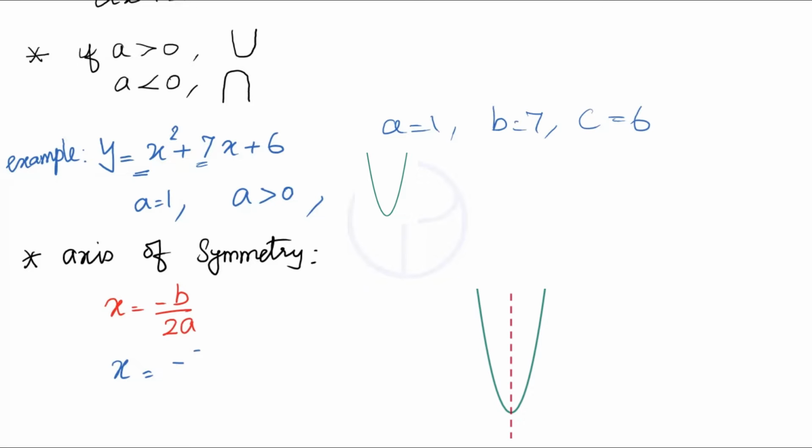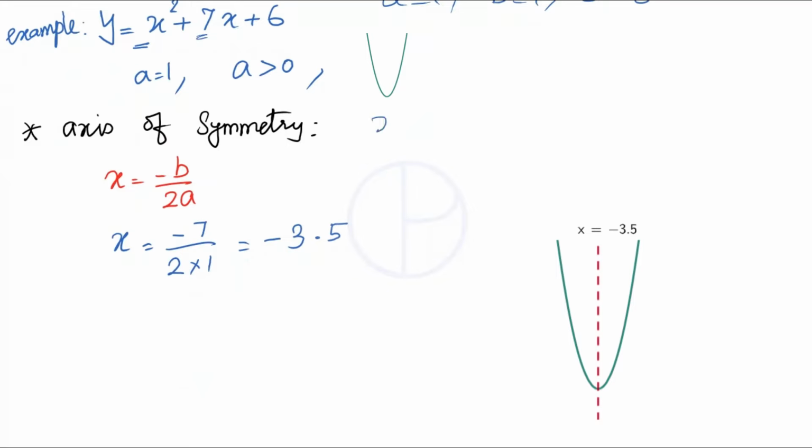So x = -7 divided by 2 times 1, which is -7/2, which is nothing but -3.5. So the axis of symmetry is x = -3.5, which is a vertical line drawn at x = -3.5.